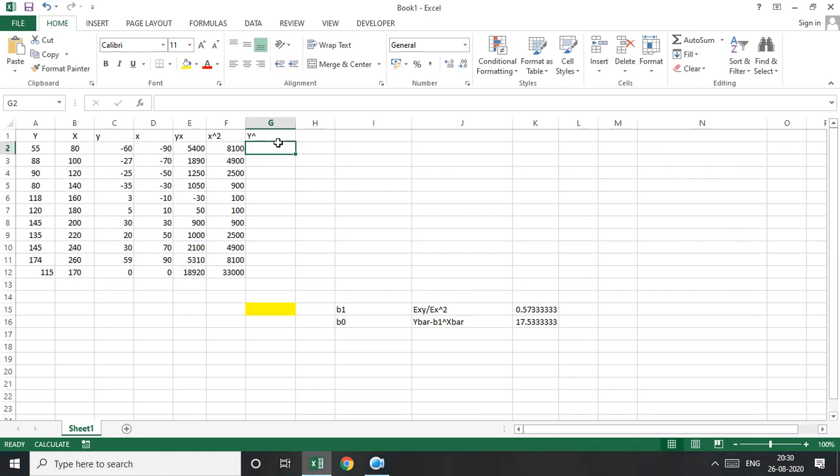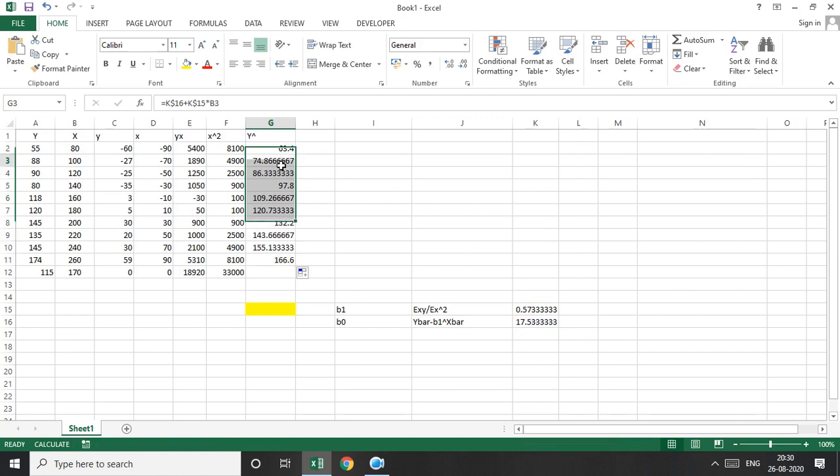Look at the equation: we have beta 0 plus beta 1 into this particular x, corresponding to the 55. You have to remember that beta 0 and beta 1 are constants, so you have to put the dollar symbol, then only if you drag this will you get the correct values. So we have got y cap.